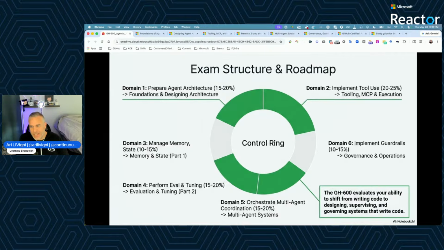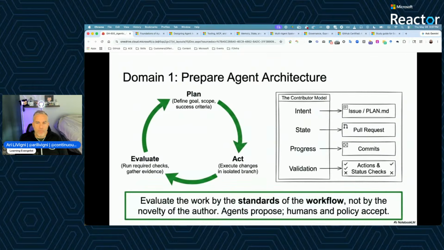And I think this exam gets to that point. With that, let's dive into some of the domains.